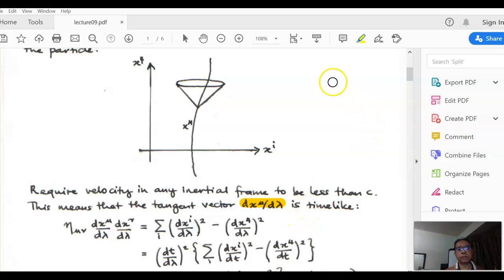Let me draw something here using the highlighter. You have space and time, just like in this diagram.